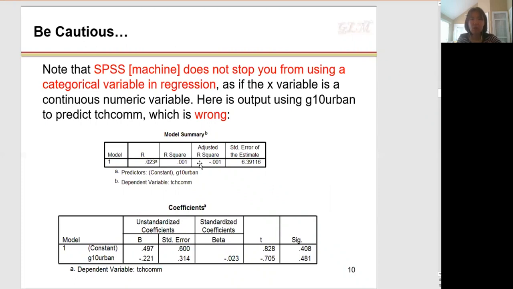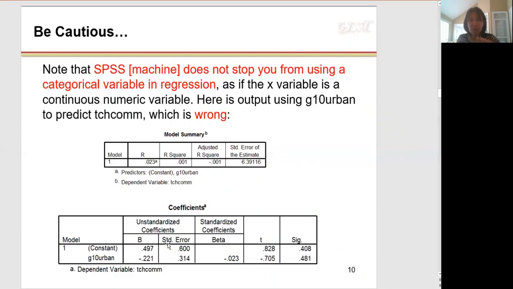Here is output using G10 urban to predict teacher community, which is wrong. So we shouldn't fall into this kind of mistake. Okay, G10 is a nominal variable. 1, 2, 3 categories: urban, suburban, and rural. That doesn't mean 3 is higher than 2 or 2 is higher than 1. That's not it in this case.